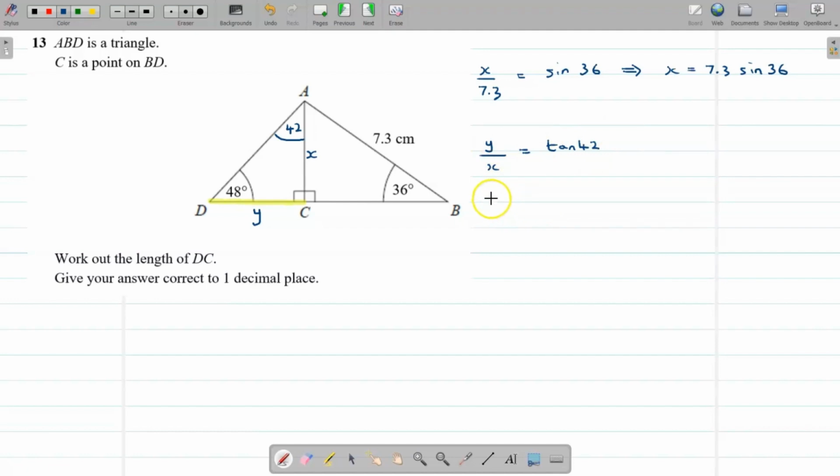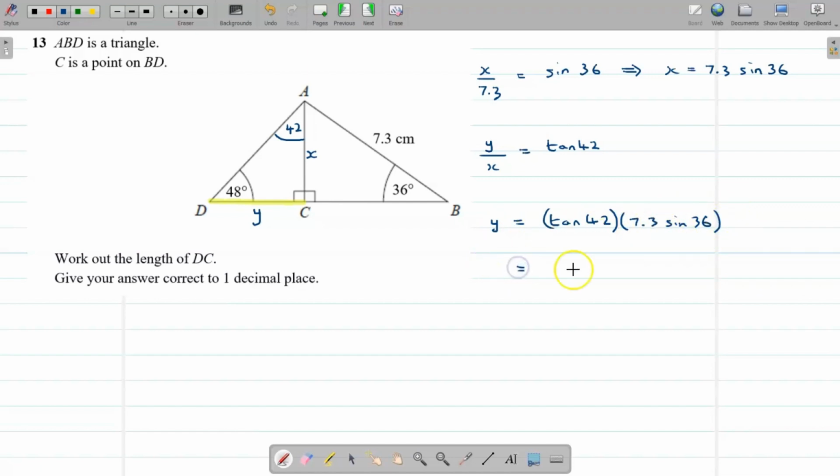So that means that y is equal to tan 42 times x, but we know that x is equal to 7.3 sine 36. So it's completely accurate that way. You haven't worked out any intermediate numbers, but you've shown clearly what you're doing.